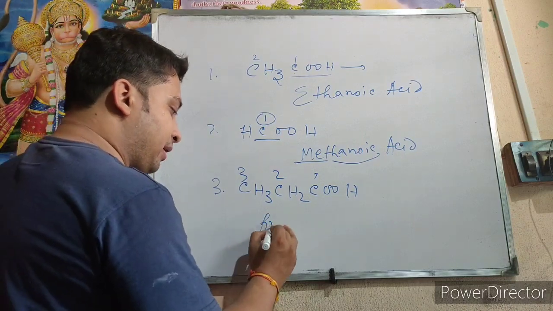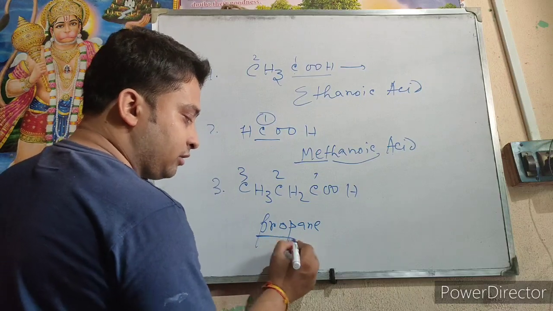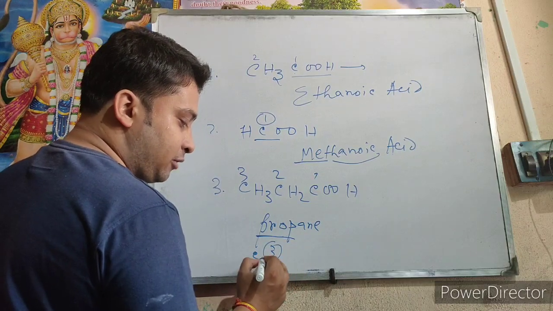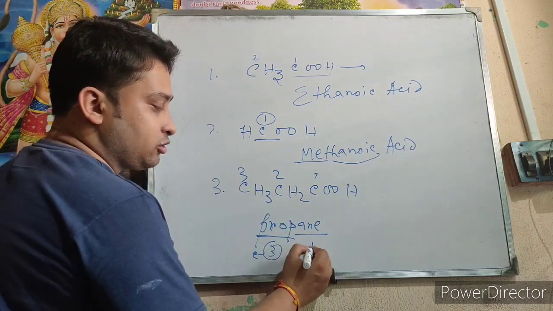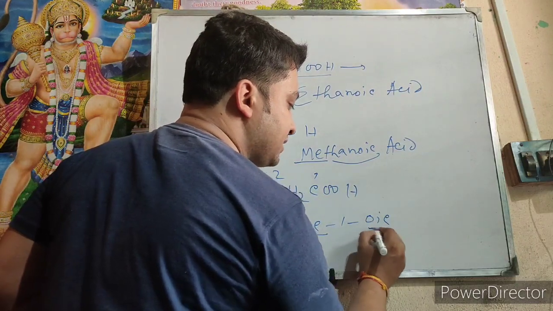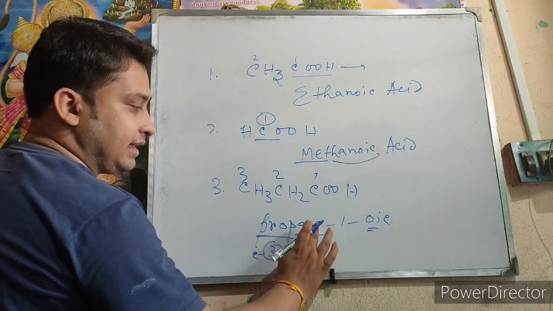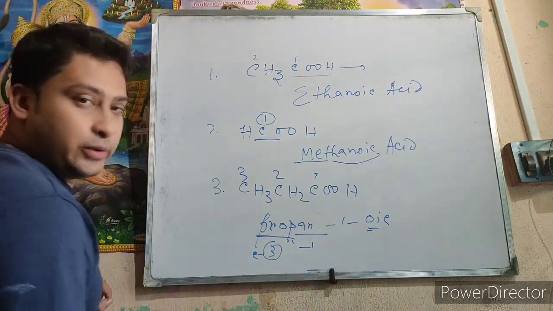What do you mean here? Prop means number of carbon 3, and an means the bond is single, so this is propane, and then 1 oic, and O is a vowel, so you do not write this E, so this is propan 1 oic acid, so you can write it as propanoic acid.